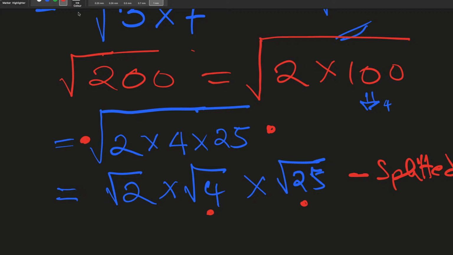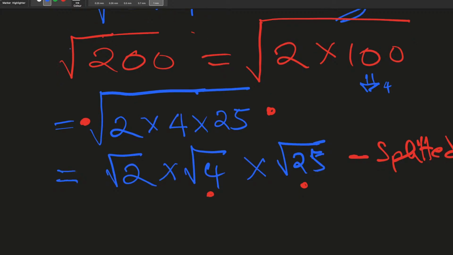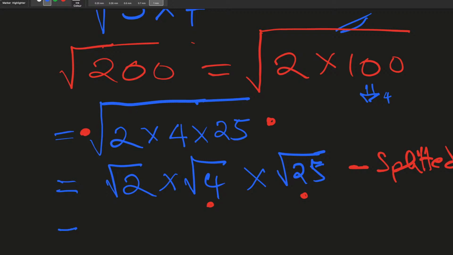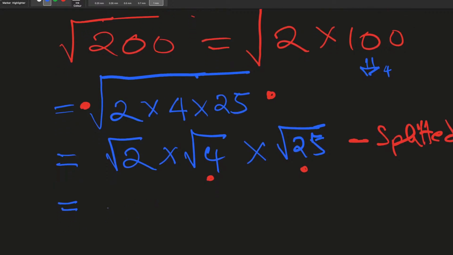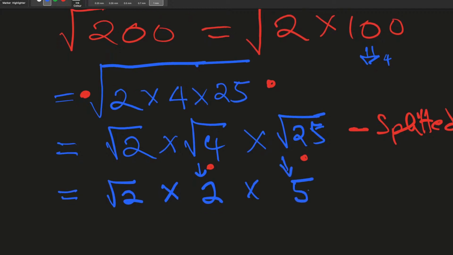Bear in mind that they are still multiplying. So this will be root 2 multiplying the root of 4, which is 2, multiplying the root of 25, which is 5.